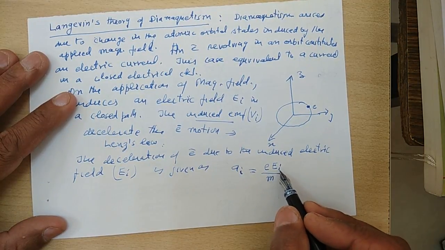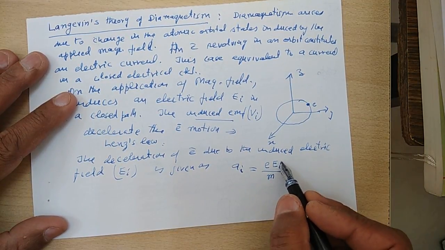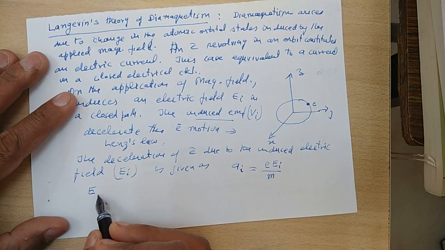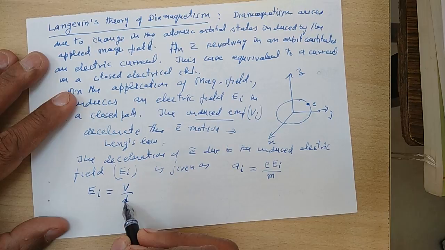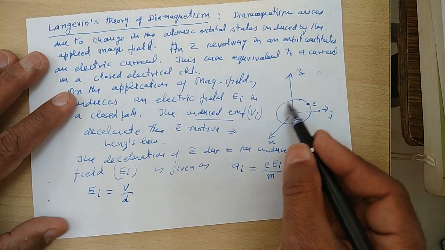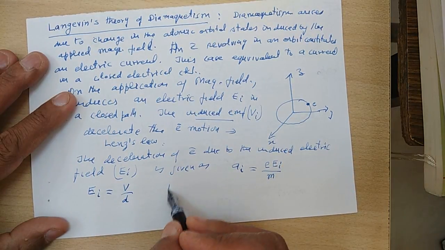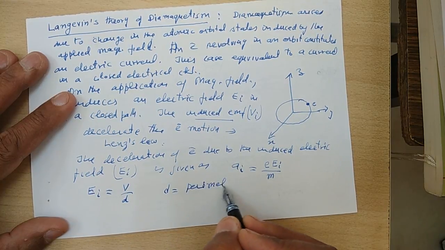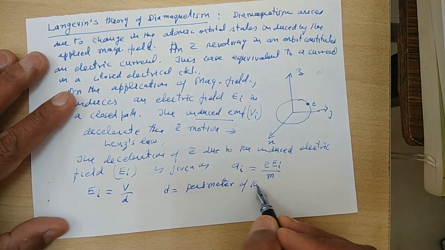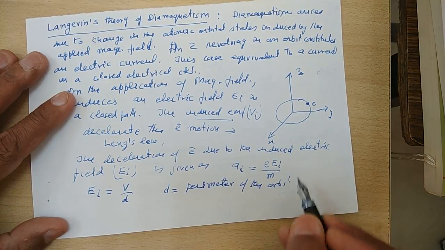And we can also write the expression for this induced electric field. EI is equal to VI by D, where D is the perimeter of the orbit.